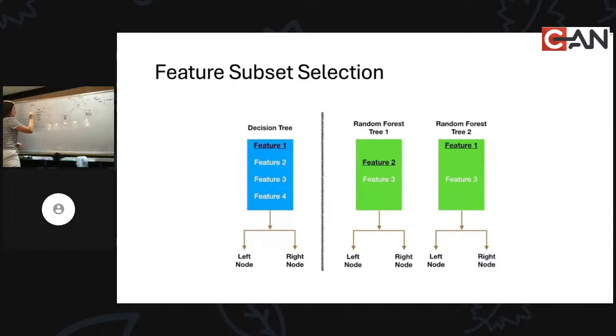If this is A, B, C, D, tree 1 is going to get records A, B, C. Tree 2 is going to get C, D, A, and tree 3 is going to get A, C, D, for example. So not all of your trees have all of your data.